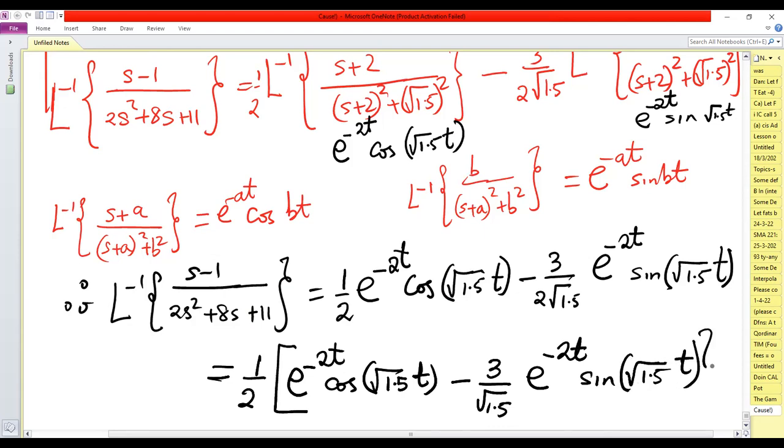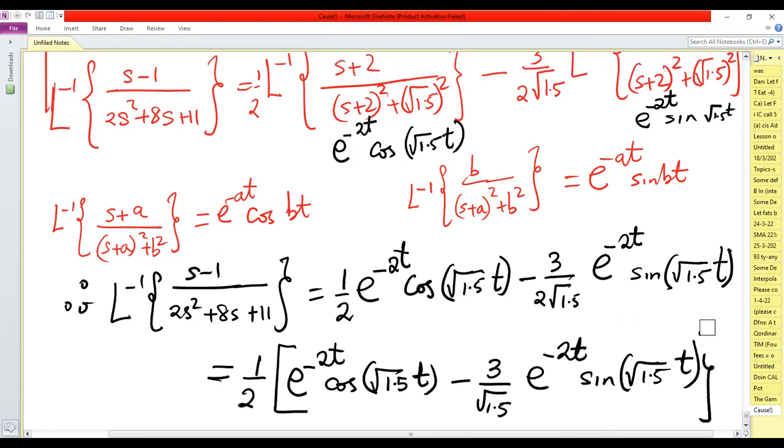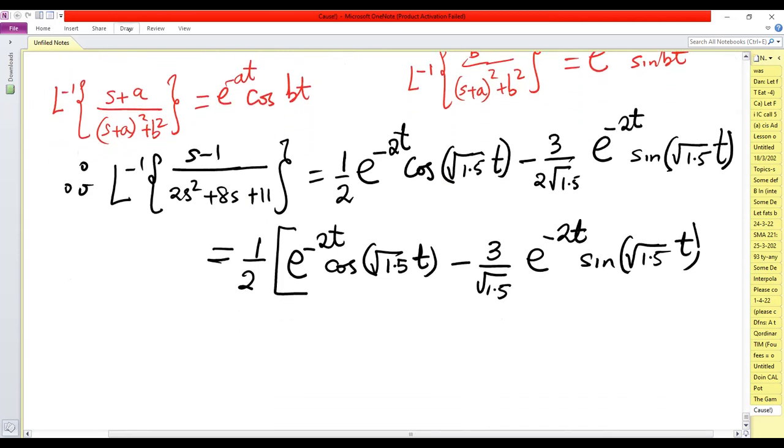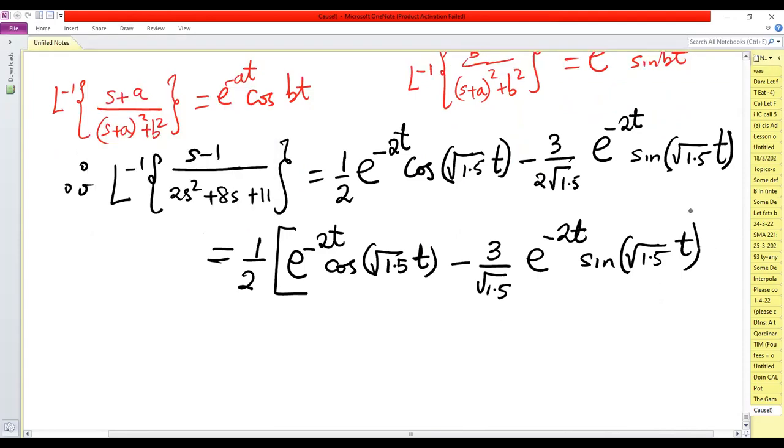You can as well simplify further at this point. You see, 3 over root 1.5 is the same as, if you do this, you'll get 3 divided by 1.5, you'll get 2.